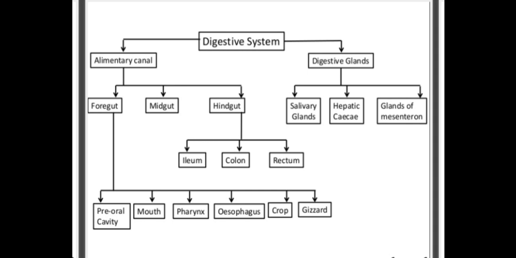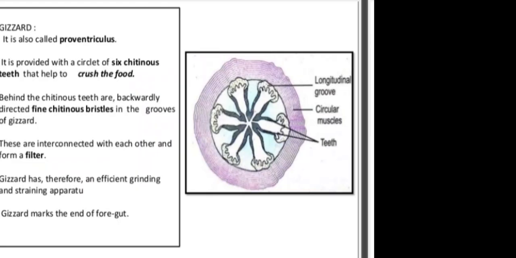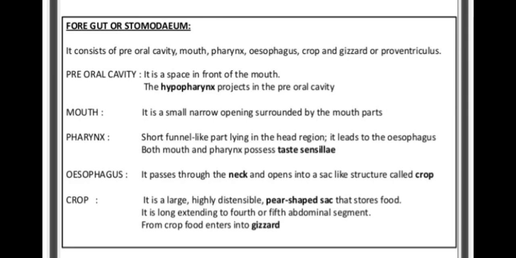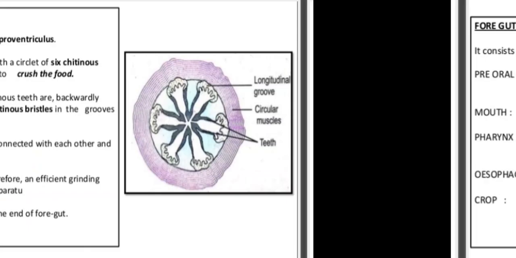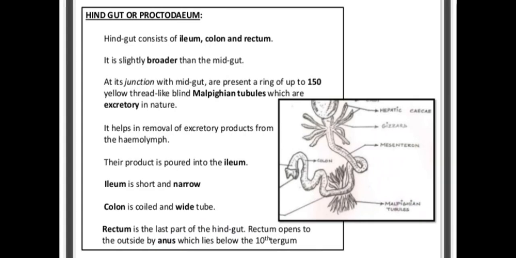Besides, there are glands of mesenteron which also secrete enzymes for digestion of the food.